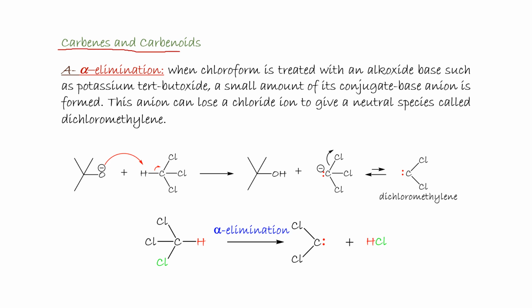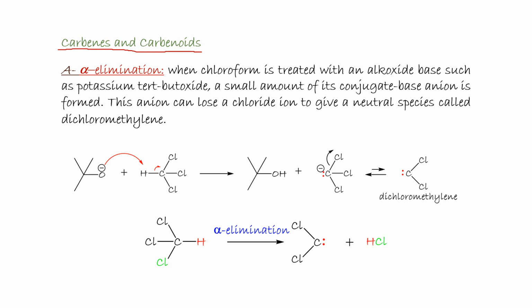Carbenes and carbenoids. Alpha elimination: when chloroform is treated with an alkoxide base such as potassium tertiary butoxide, a small amount of its conjugate base anion is formed.